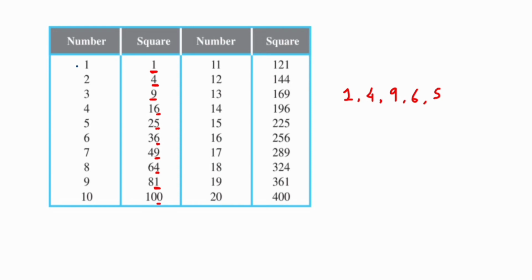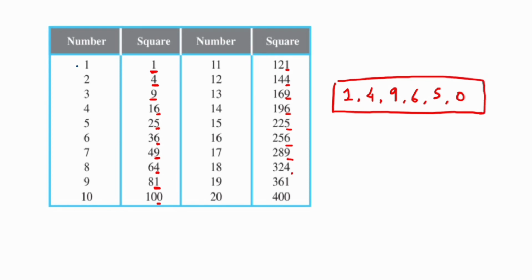If you observe, only these numbers are repeating. If you look at the square of 11 also, it's ending with 1, again 4, 9, 6, 5, again 6, 9, 4, 1. So only these digits always come when you're finding the square of any number. This is one of the properties.